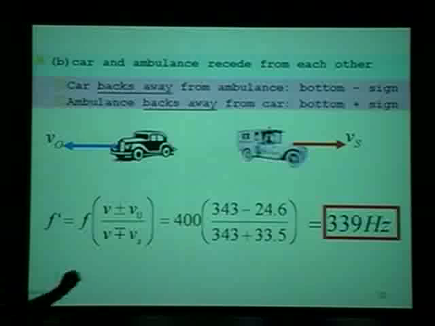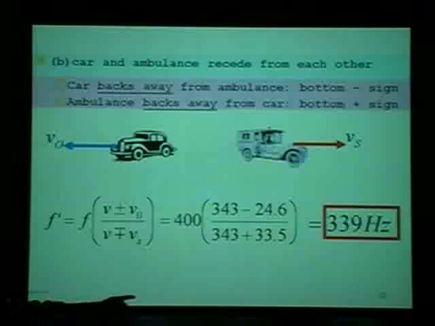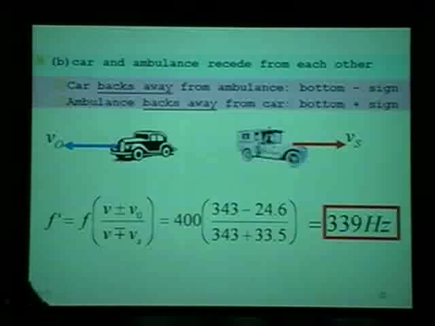It's not a perfect difference on either side of 400. When the two are approaching, it's 475 hertz. When the two are backing away, it's 339 hertz. Because of these mitigating things going on, dividing and multiplying on top, it's not perfectly symmetric on either side.